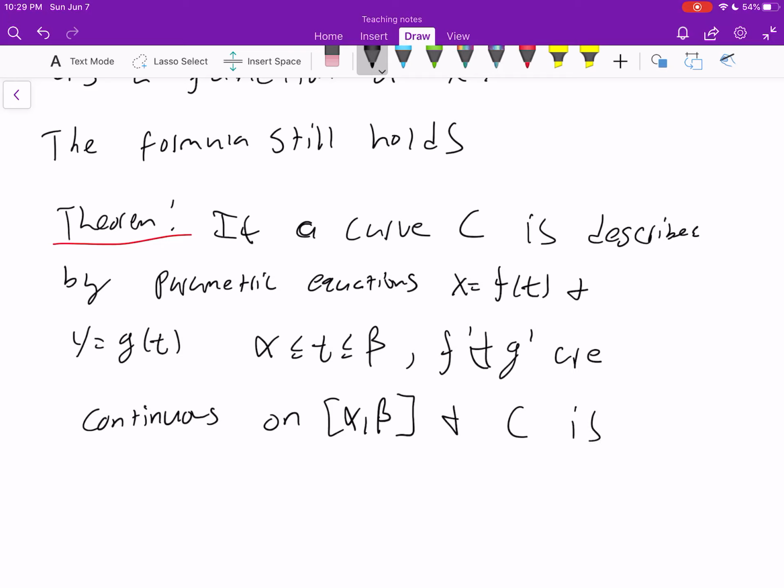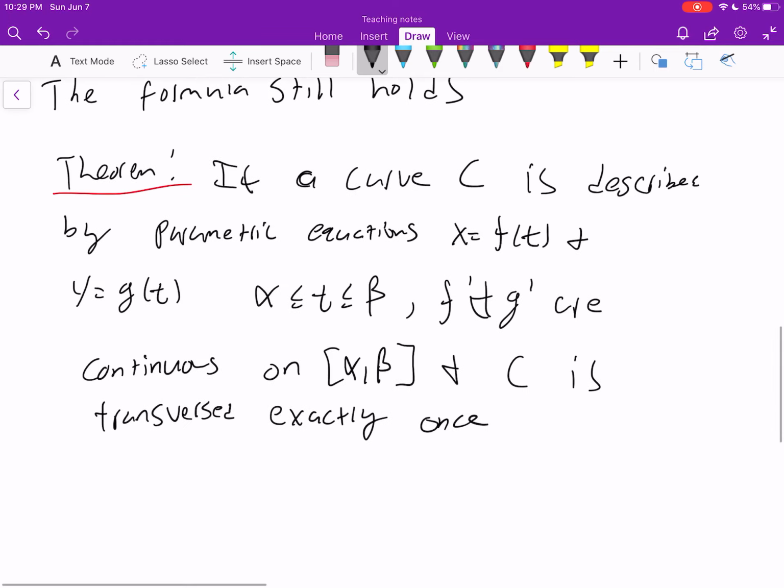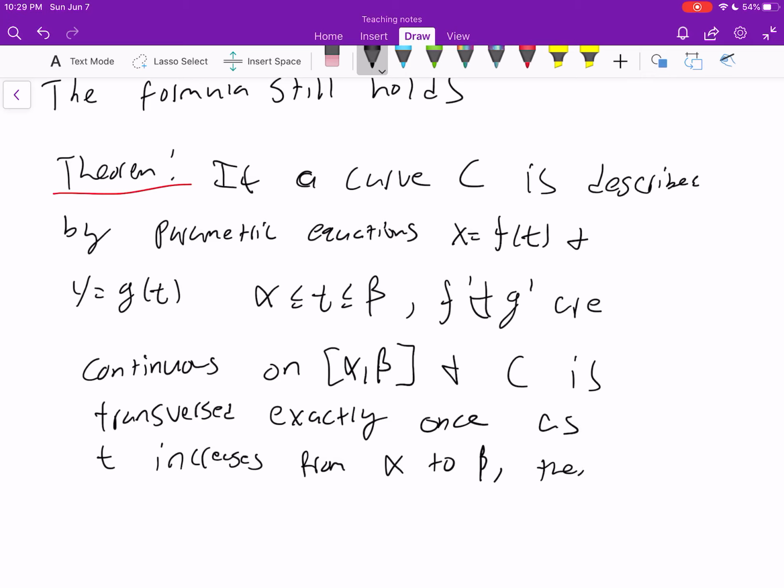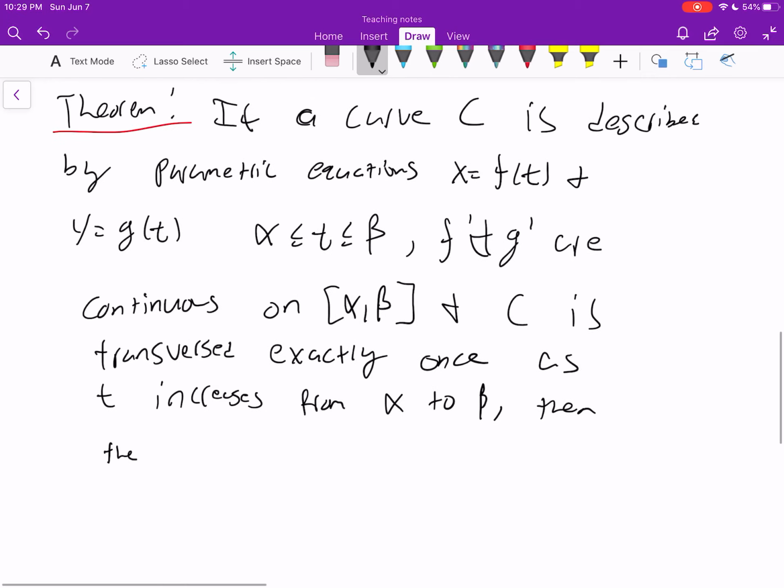And C is traversed exactly once as t increases from alpha to beta, then the length of C is given by that integral that I wrote up there.